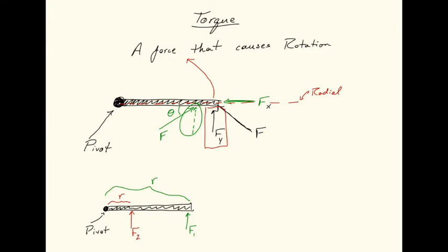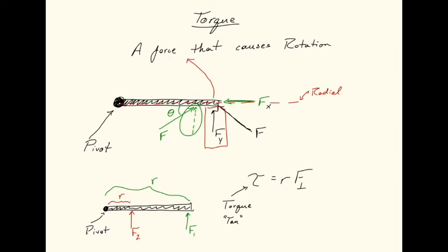So to put those two things in perspective, this is what we use to represent torque. It's actually the Greek letter tau. We define the torque as the radius, how far you are from the pivot, times the perpendicular component of the force.